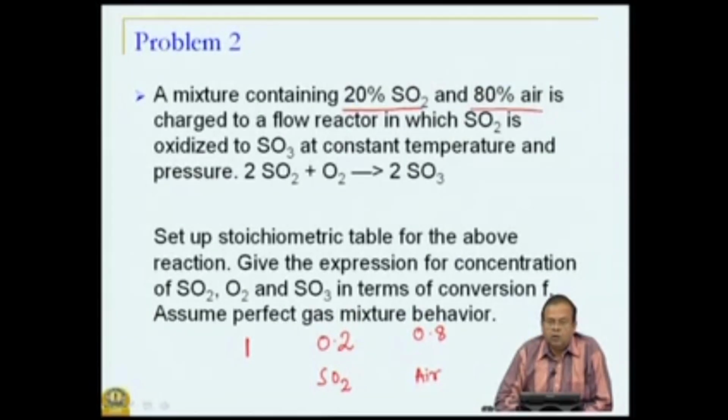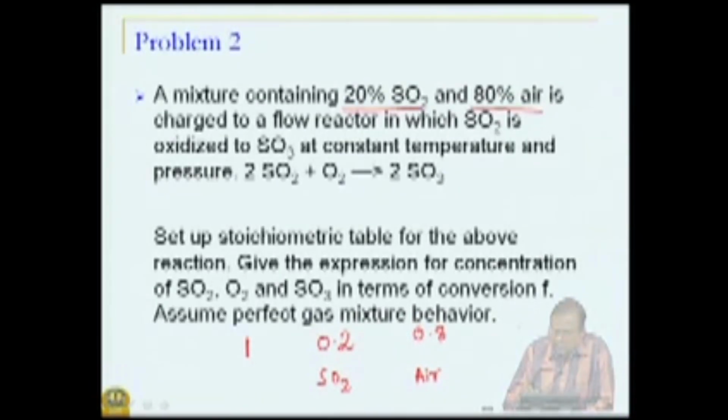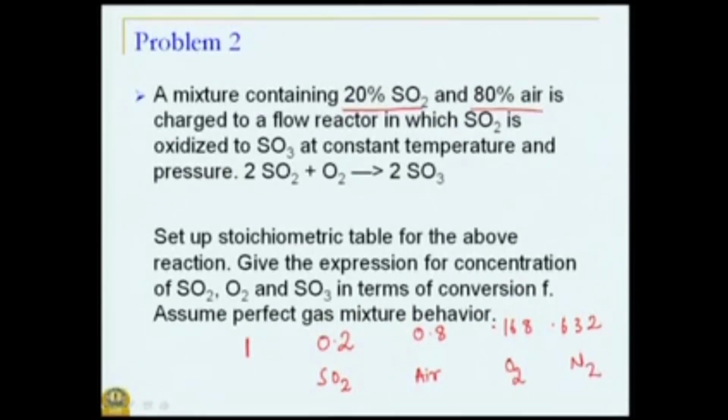now what is our reactant? Our reactant is not air, it is oxygen. So, air has oxygen and nitrogen. Assuming 21% oxygen, I can write this as 0.168 oxygen, and the remaining, if my mathematics is correct, will be 0.632, it should add up to 0.8 moles of nitrogen.